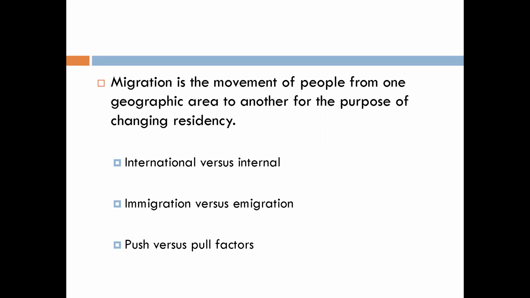So when you don't want to be in your country of origin, every country you can go out to, you will go. Because it is a push factor. You are being pushed out by the government, by the poor economic situation, by political unrest, by war and other pushing factors.